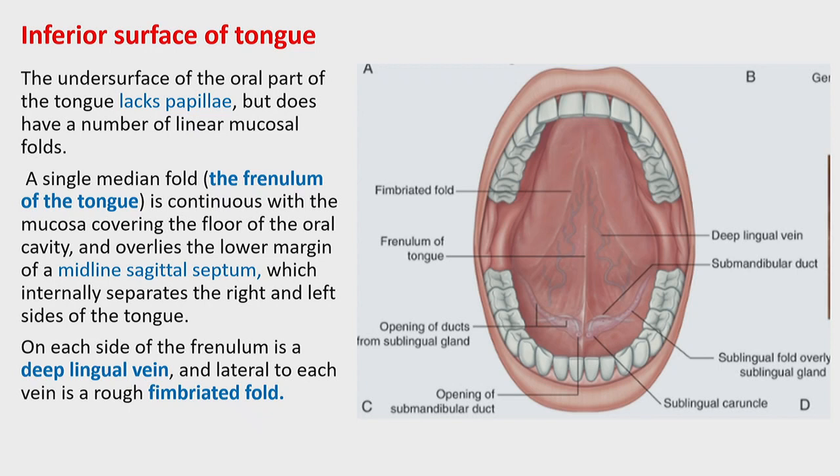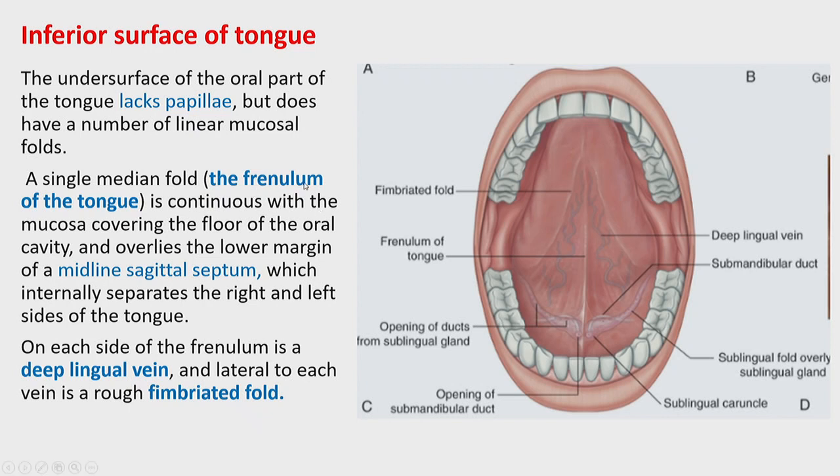But in addition, instead of the papillae, we have several folds. One of them is in the midline, which is called the lingual frenulum, or the frenulum of the tongue. Lingua, glossus, all mean that we are talking about the tongue.